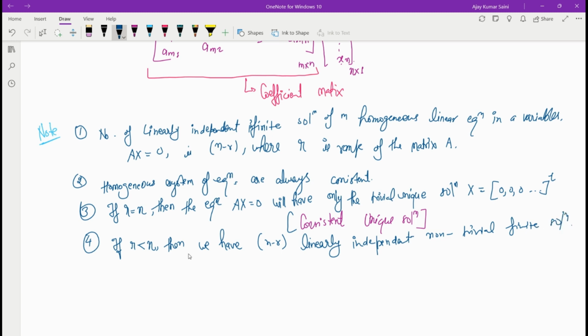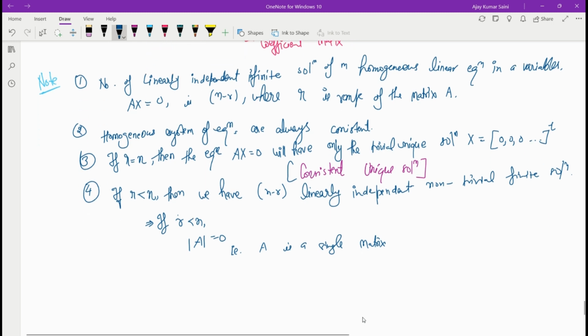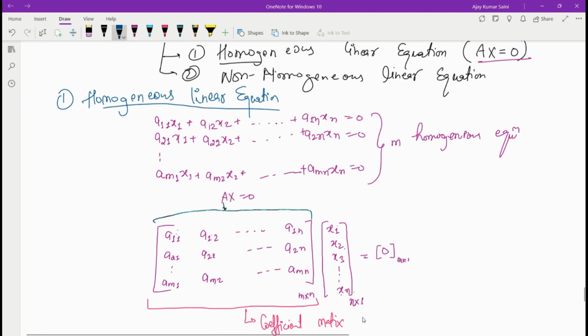I can write here, if r is less than n, the determinant is 0, like that A is a singular matrix. So this is for the homogeneous linear equations.